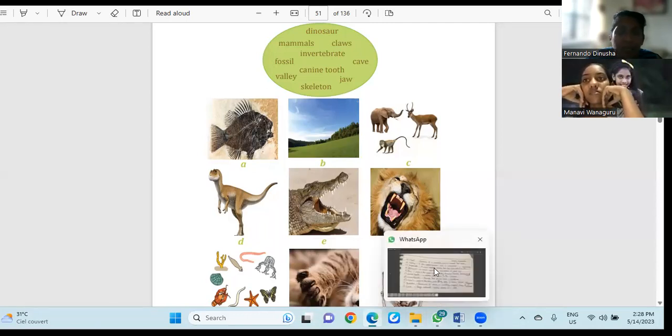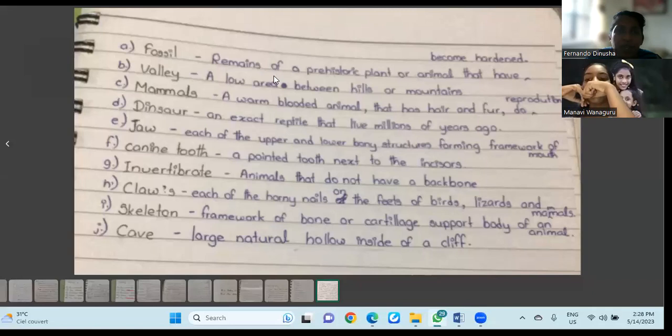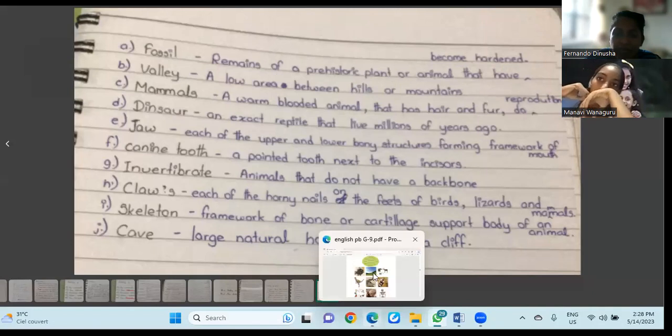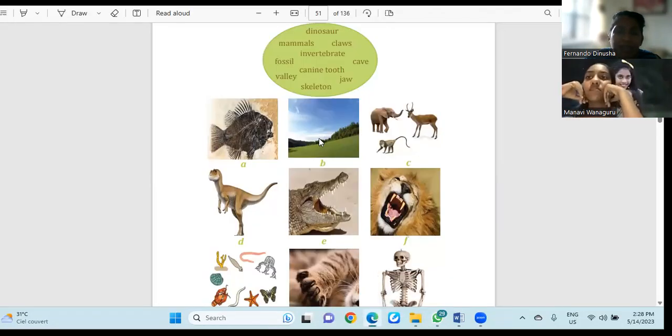Then it's very useful for you. Valley: a low area between hills or mountains, and that is visible too. With the picture and explanation, rather than writing just a word, it's very useful, isn't it?